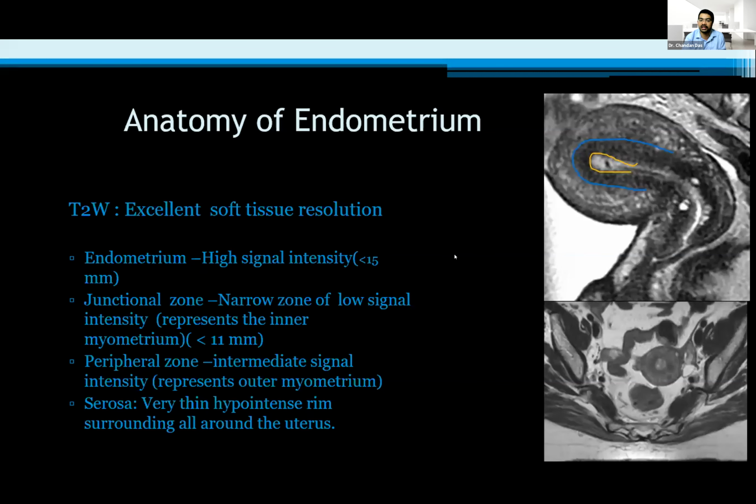Oh, sure, please. So, Dr. Nilesh, the question is, at a stage 1A in MRI, what is the accuracy after surgery? What is the accuracy after surgery if it's reported pre-operatively as a stage 1A?